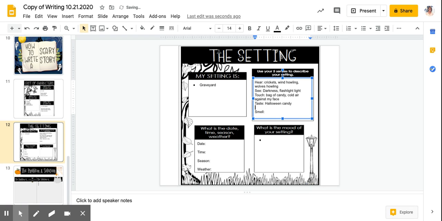And then what am I smelling? So I probably would be smelling some dirt. And then maybe I'm going to have it raining and storming in my story. So I am going to be smelling rain. And I bet when I'm feeling something, I could add that I feel the rain on my face as well.